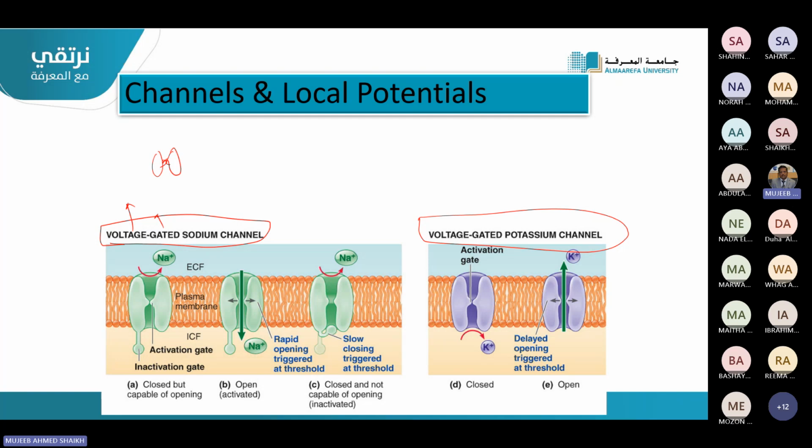If the membrane reaches minus 55, then they will open. Or if the cell membrane reaches plus 10 or 20 millivolt, then they will open like this. They open and close based on the voltage. That's why they are called voltage gated channels.